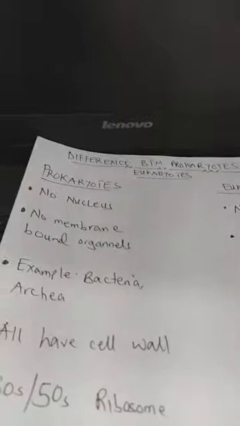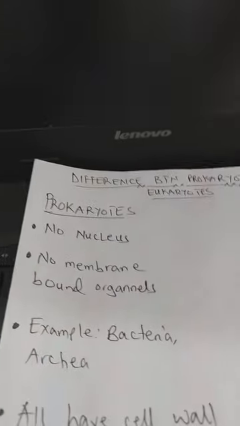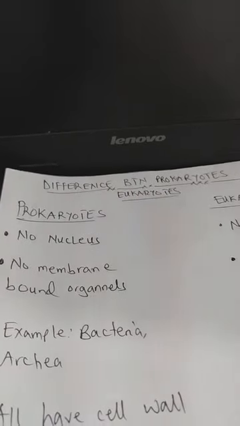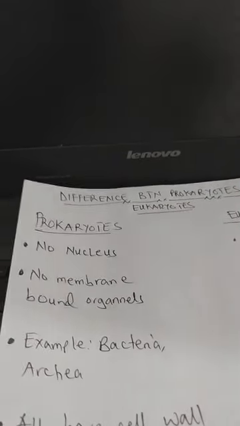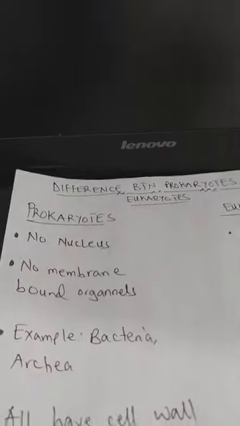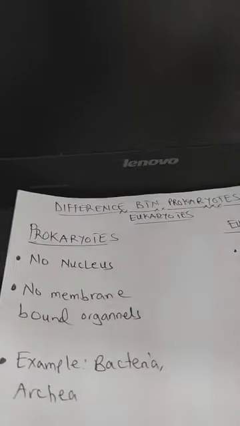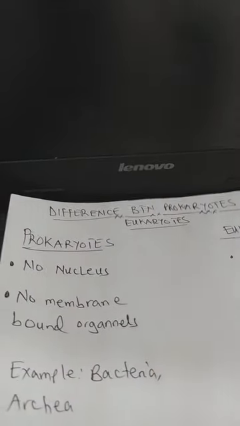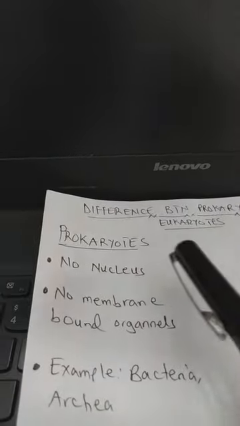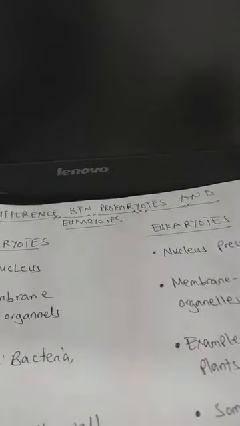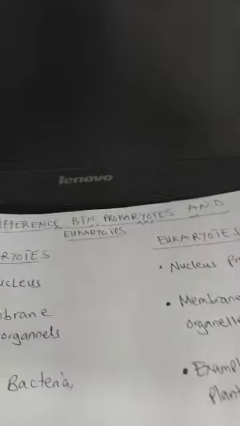So lastly, let's see the common differences between our prokaryotic cell and our eukaryotic cell. As we said earlier at the very beginning, when we gave our introduction to the prokaryotic cell, these organisms called prokaryotes do not have a nucleus. So they do not have this membrane bound organelle which stores genetic information. So the first difference is that prokaryotes do not have a nucleus, while eukaryotes have a nucleus.